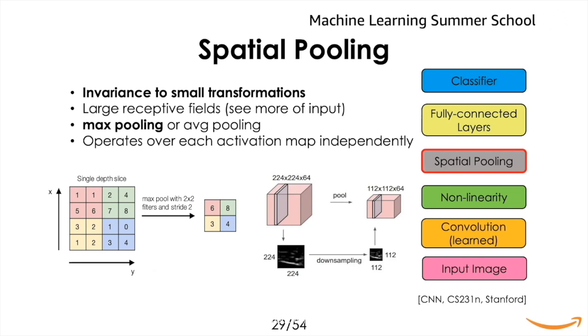The intuition is that the exact location of a feature is less important than its rough location relative to other features. Max pooling also allows that particular filter to have a larger receptive field. What is the receptive field of a filter? It is the area or the size of the region in the input that produces a particular feature.